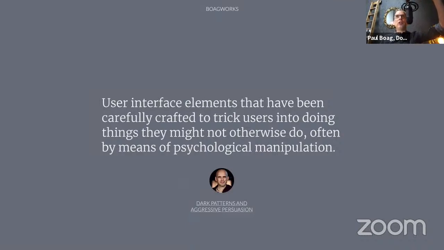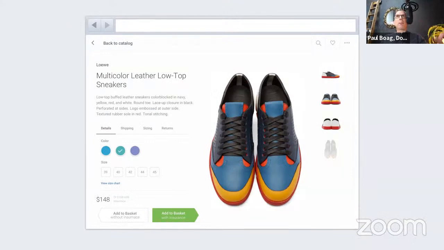So I did a little mock-up of mine just to demonstrate the kind of thing. If you're selling a pair of shoes, for example, and you wanted to manipulate people into buying insurance with their shoes, then you would do a design a bit like this. Notice the buttons at the bottom of the screen: the one, add to basket with insurance, is highlighted green.